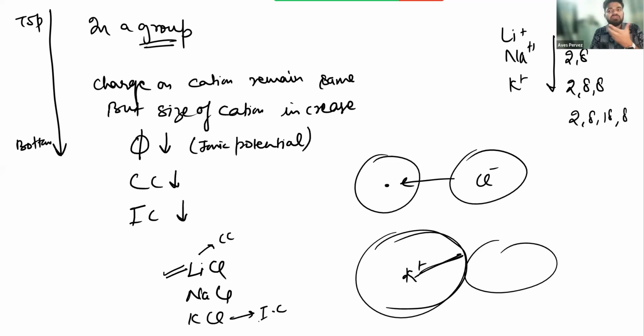If I simply ask you, this one is beryllium oxide, the next one is magnesium oxide, and the next one is calcium oxide, which is going to have more covalent character?